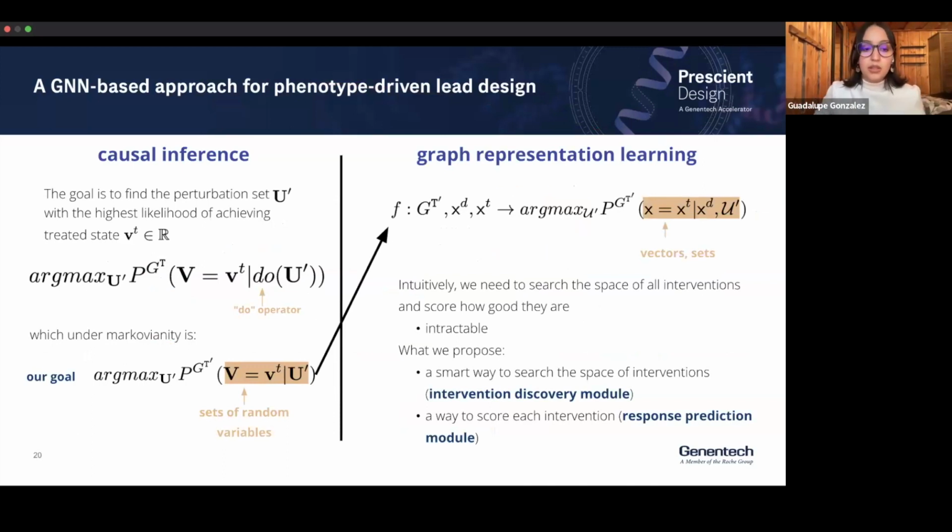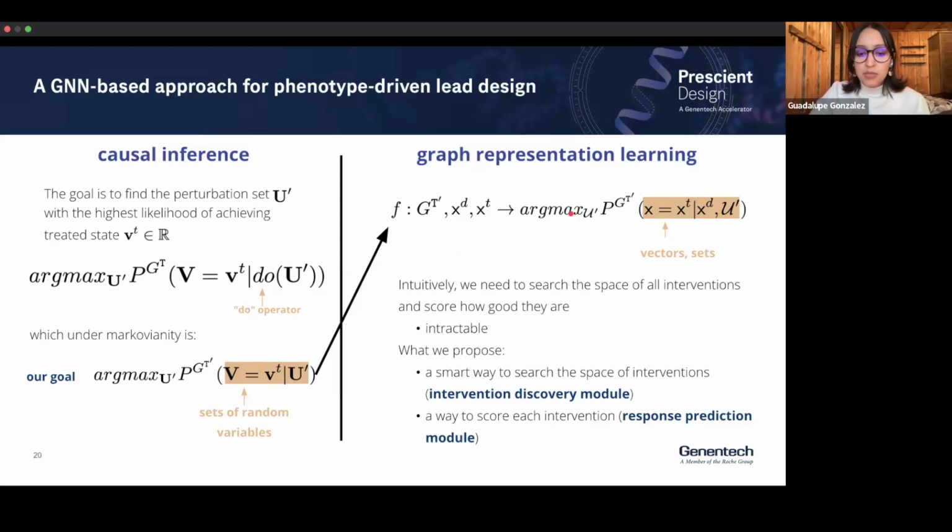So we're trying to move from the causal inference formulation to the representation learning field. Just to clarify, maybe one last time, this probability over the graph represents the factorization of the probability over the parents in the graph. So graph representation learning, specifically GNNs, are very suitable for this because they compute values of the nodes or probabilities, meaning the final labels, based on the values of the parents.